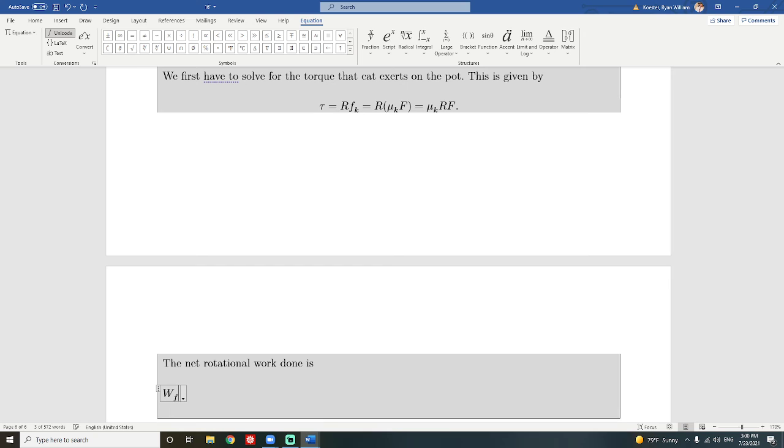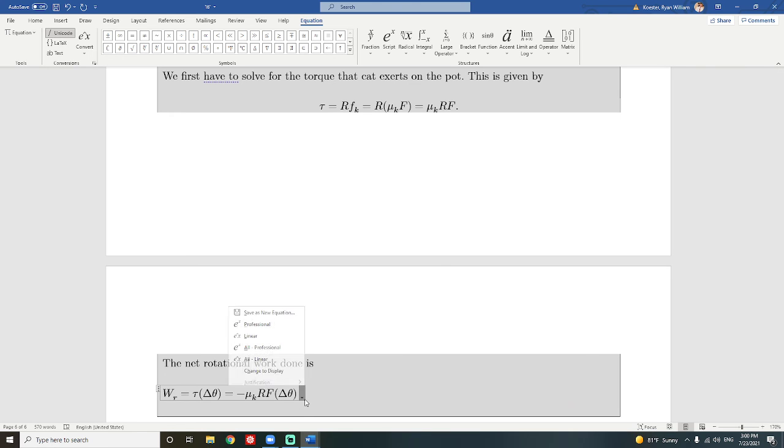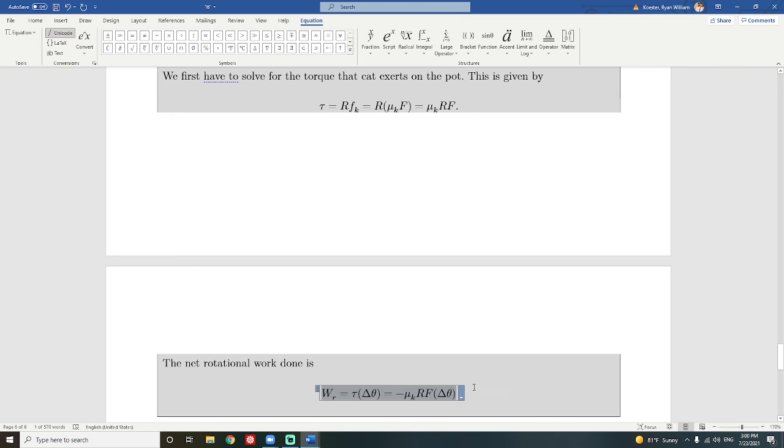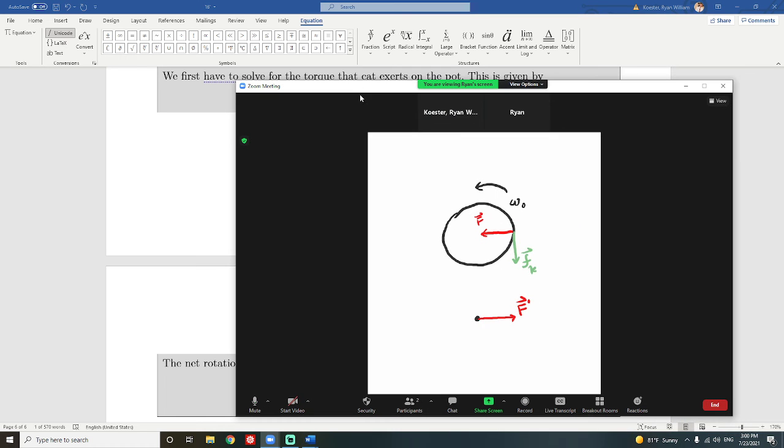is, I'll write it like this, R, and this is generally going to be tau times delta theta, but specifically in this case it's going to be negative mu sub k R F delta theta. And you might be wondering about the negative sign here, and that comes back to the picture, right?